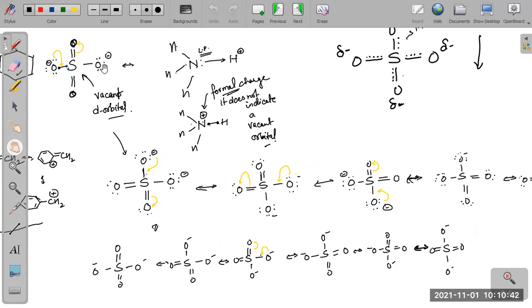The two side oxygen atoms have extra lone pair of electrons due to their negative charge, and because of this these lone pair of electrons can go into delocalization in that vacant d orbital.